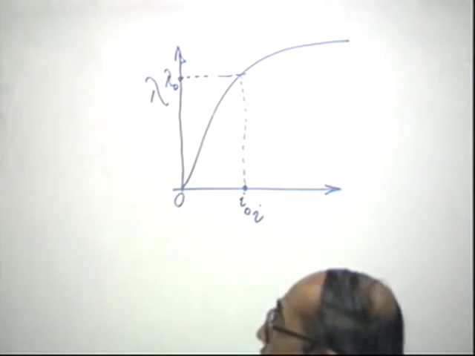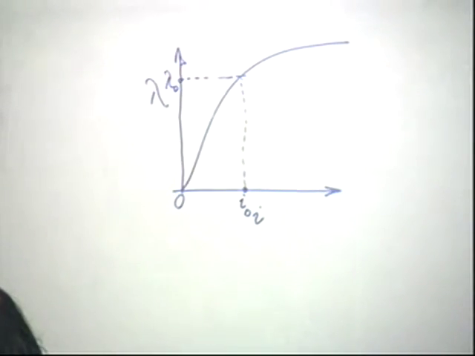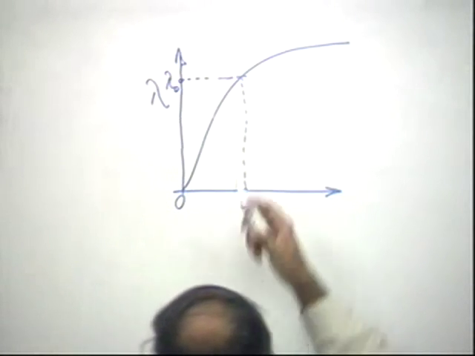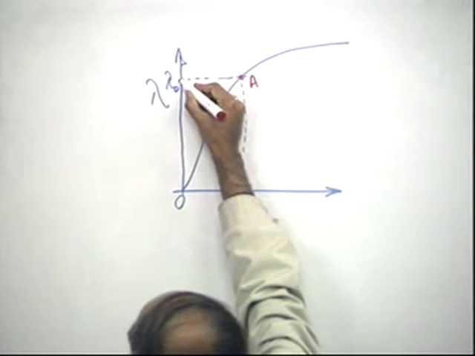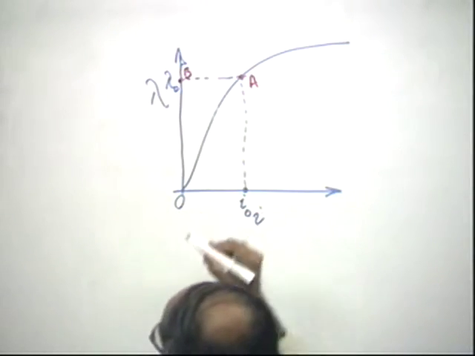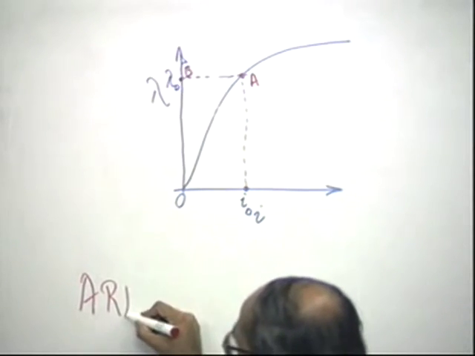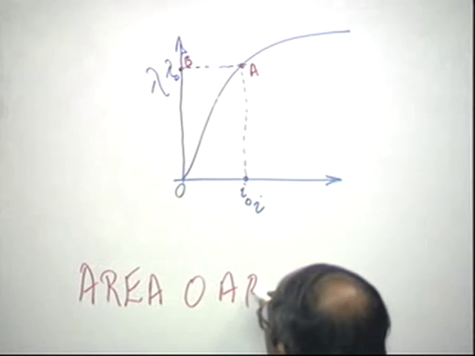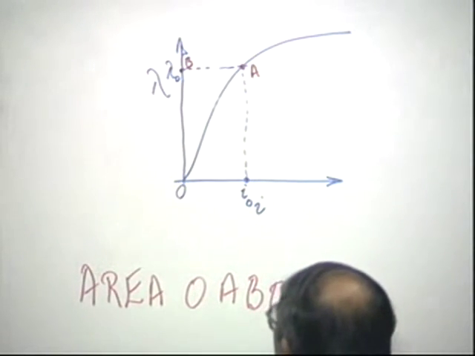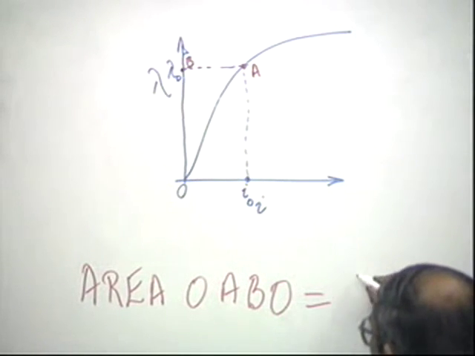We also learned in the last class that, let us call this point A and this point B. The area OABO represents the energy stored.